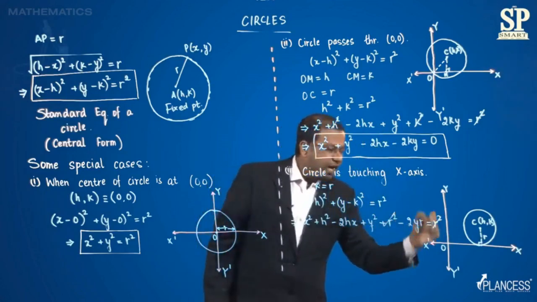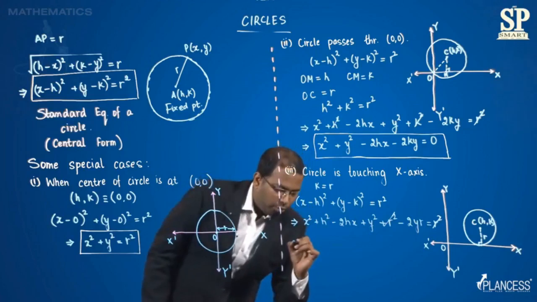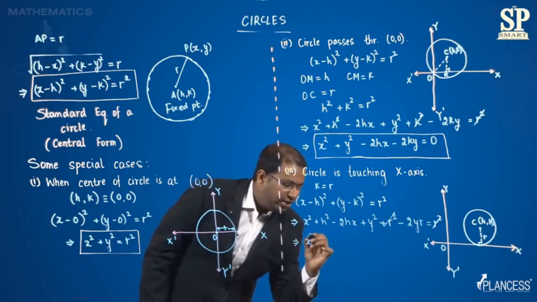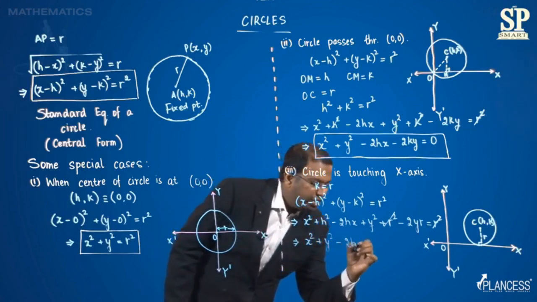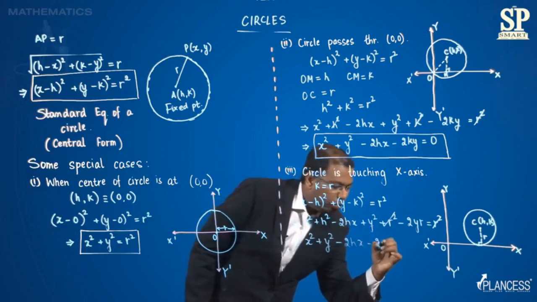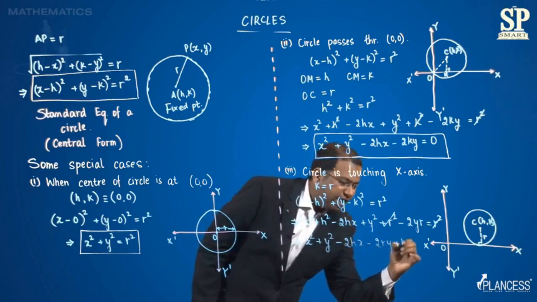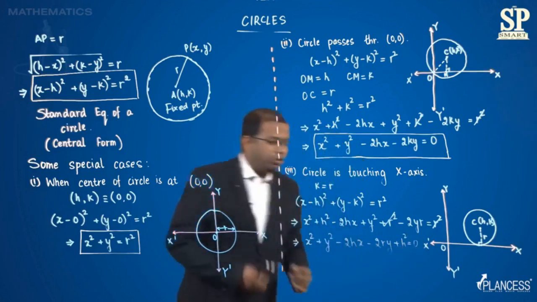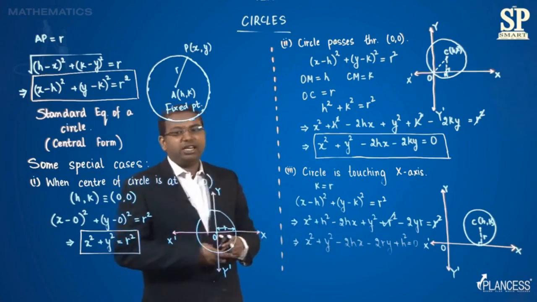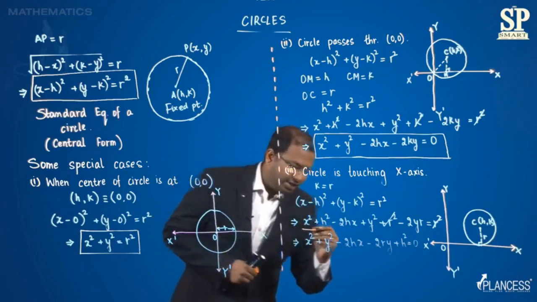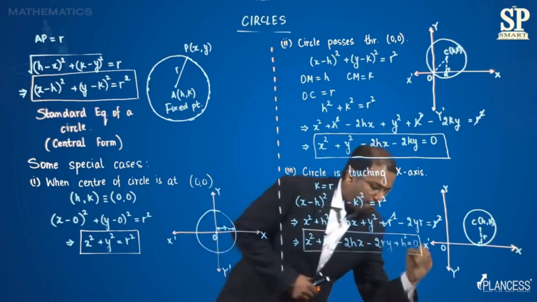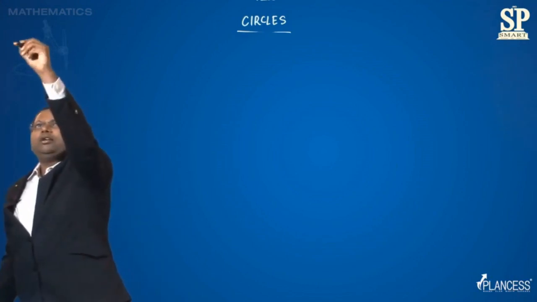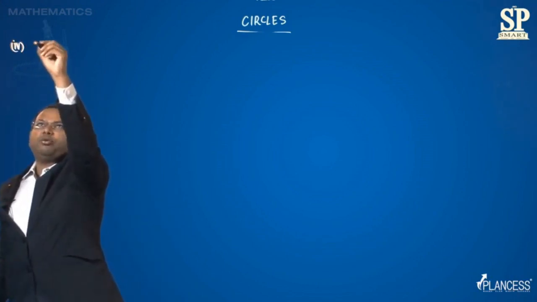Now r square and r square gets cancelled, and what we are now left with is x square plus y square minus 2hx minus 2ry plus h square equal to 0. So this is the case when the circle is simply touching the x-axis. Moving on, we have the fourth case when the circle is touching the y-axis.